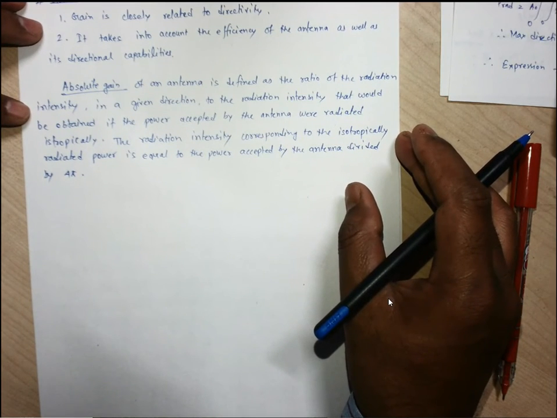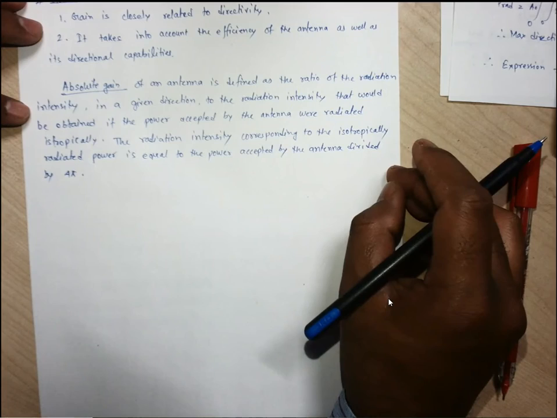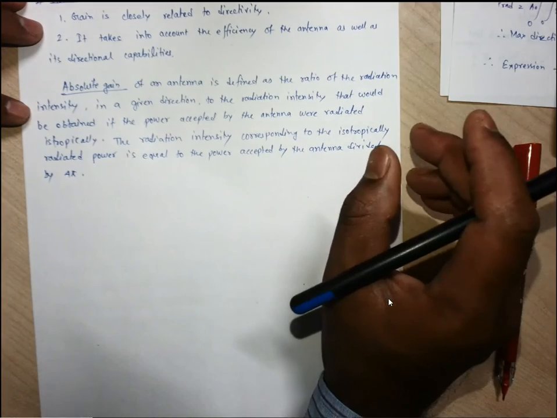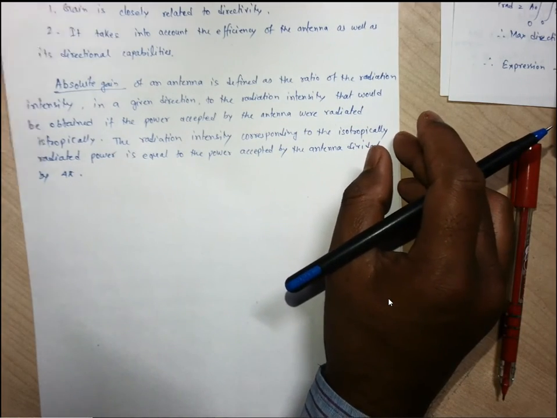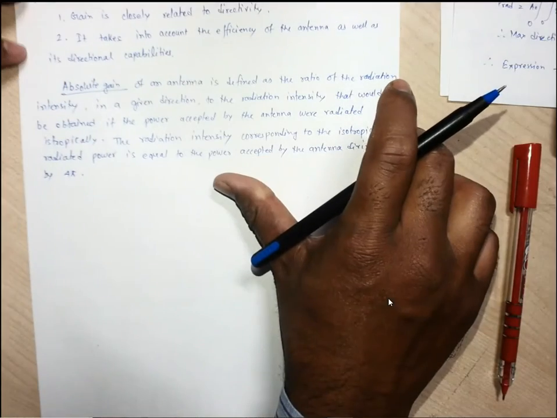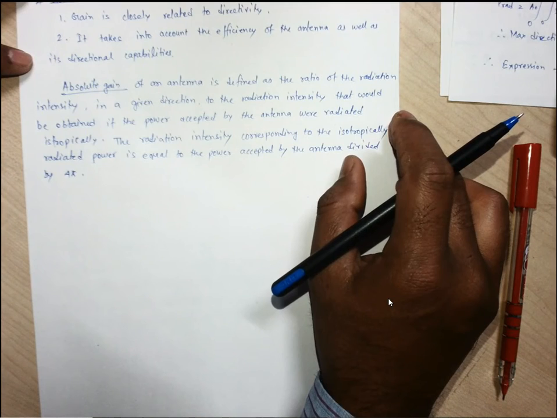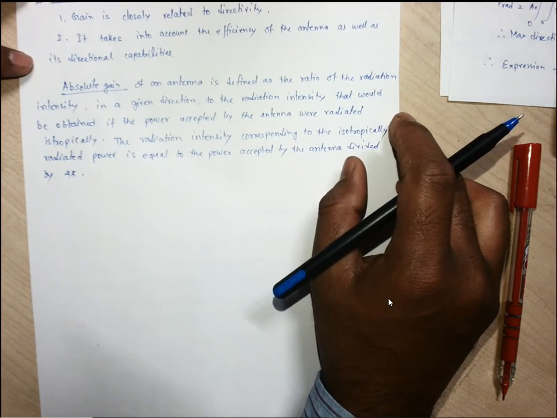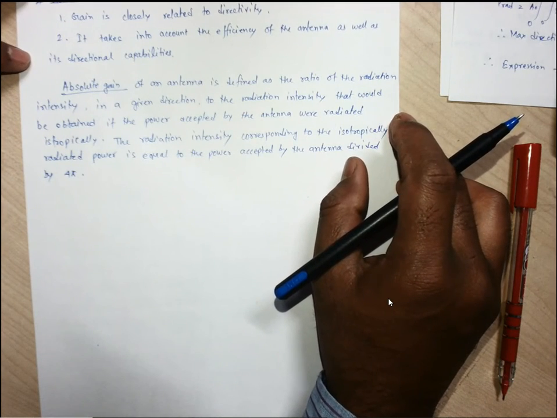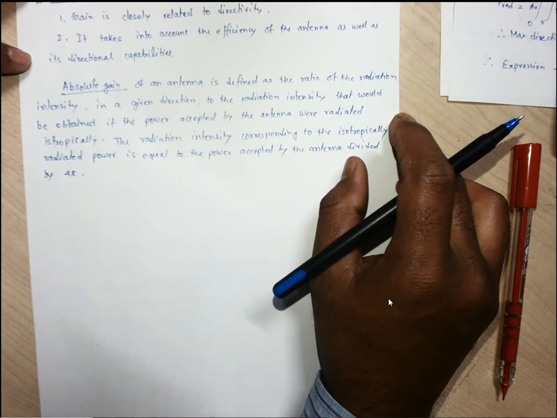If the power accepted by the antenna is not all radiated, then efficiency comes into the picture. Depending upon that efficiency we need to consider the gain. So if the antenna is highly efficient, then we can consider that it is the same as the directivity.